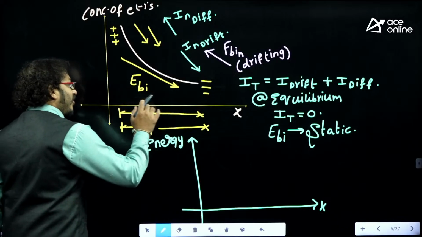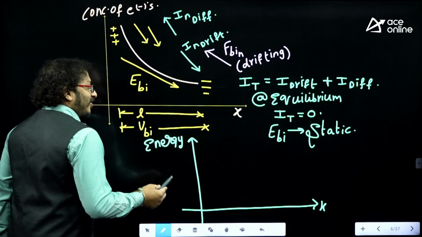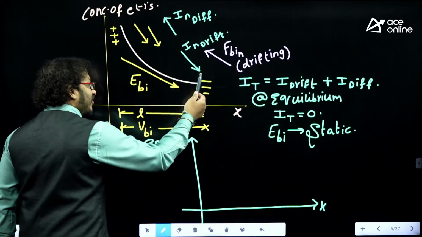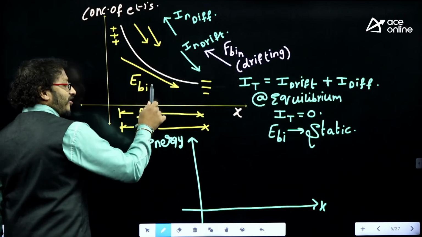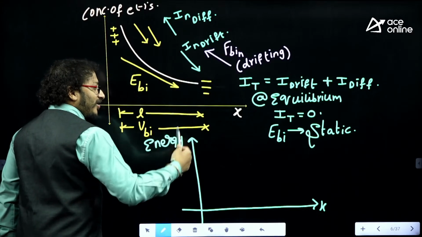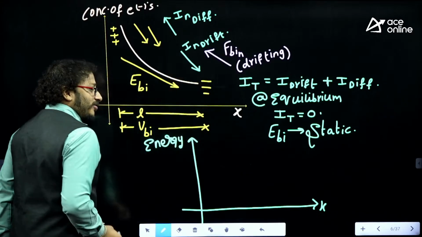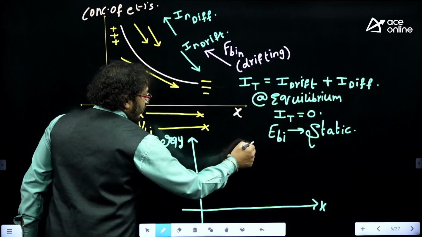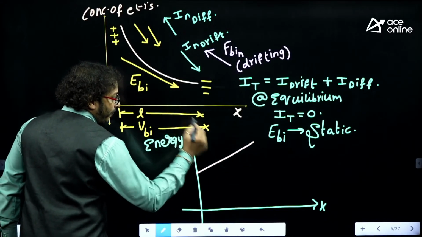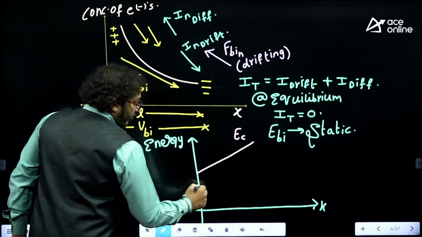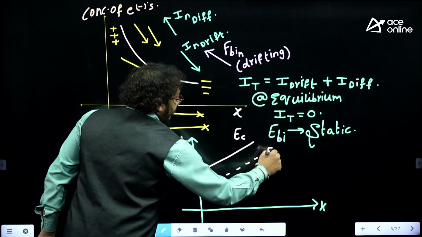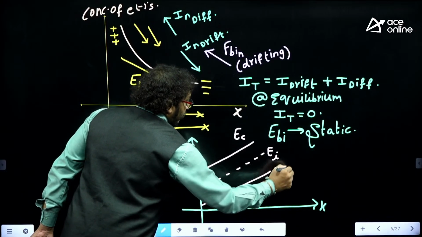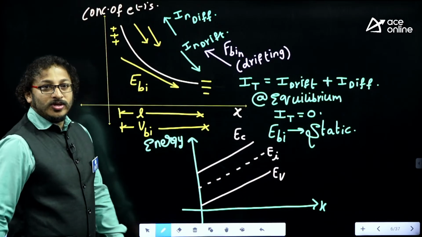Now, due to the electric field, the force is in that direction. Due to the electric field, electrons are having high energy at the right side or left side? Speak out, guys. You're right, right side. So right side electrons are having high energy. Therefore, I'm going to get the slope in this way, which is none other than E_C. If E_C is in this direction, no doubt E_i must be maintained with the same slope, and E_V must also be maintained with the same slope.